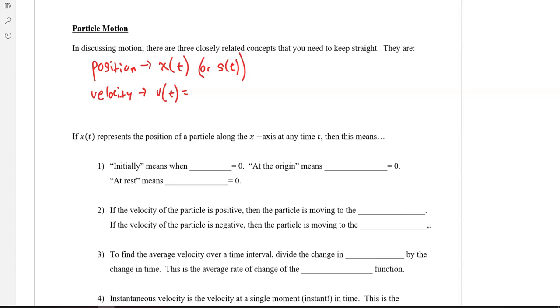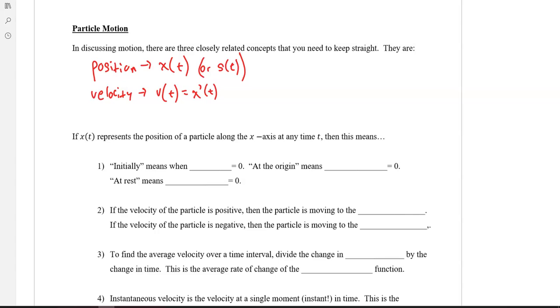When we want to talk about the rate of change of a function, what do we do to that function, in calculus at least? Find the derivative! You got it, Joy. So it'll be x prime of t. So x prime of t is the velocity, which is also v of t. We take the derivative of the position function, and we get the velocity.